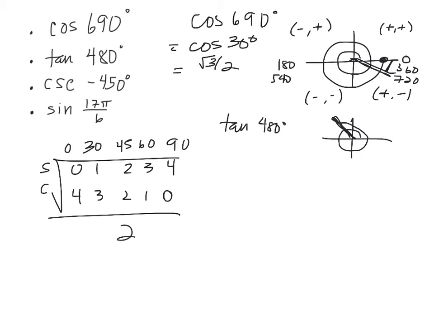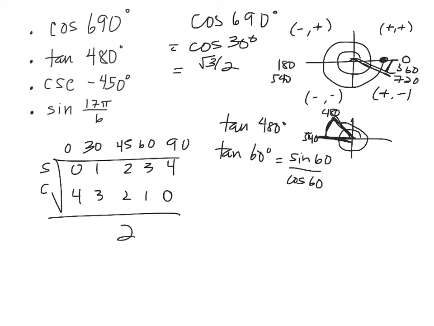So it's somewhere here, and we know this is my x-axis, so 480 and 540, if we subtract the two, we either get negative 60 or positive 60, but we're going to say 60 degrees. So tangent of 60. Well, tangent's not on this chart, but tangent is y over x, which is the same thing as sine over cosine.